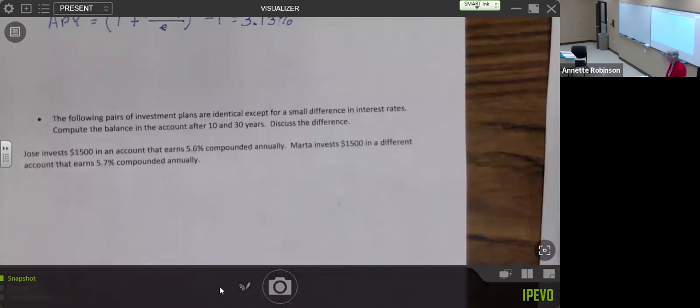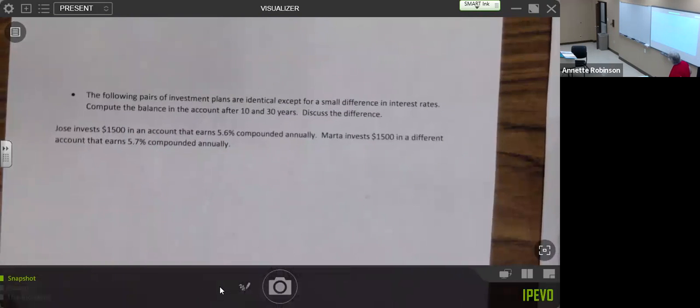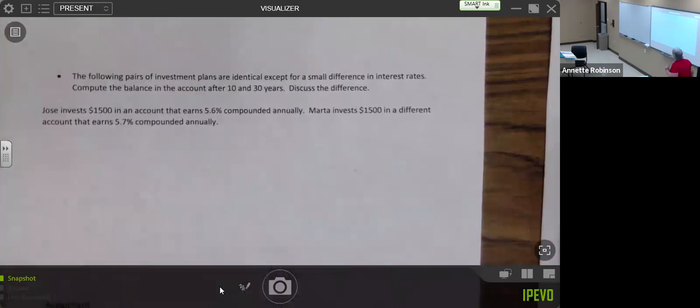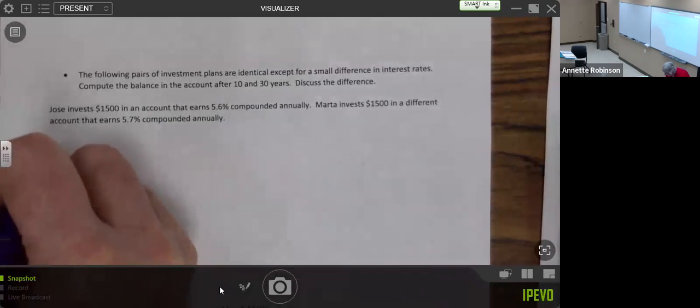Last problem of the night. The following pairs of investment plans are identical, except for a small difference in interest rates. They want us to compute the balance in the account after 10 and 30 years, and then want us to discuss. So what we've got is we're going to do 10 years first.